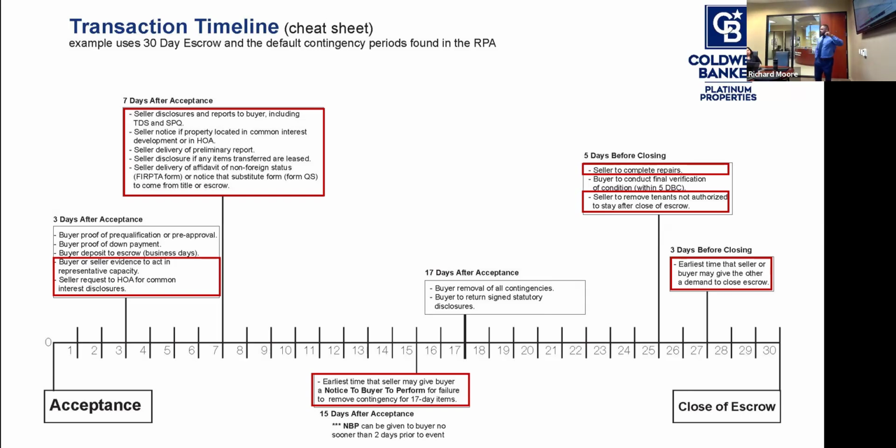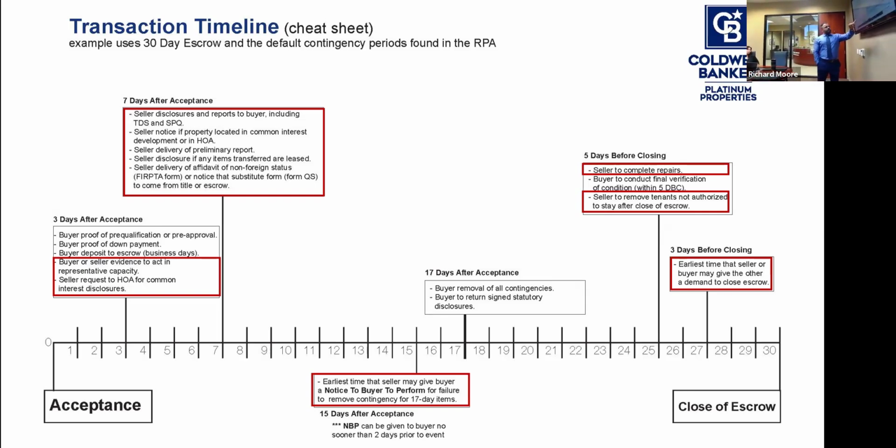When they give you the request for repairs, they're also going to ask the seller to do the termite work. The seller usually says, fine, I'll do it. Then, as time goes by, when you get to the 17th day, the buyer would have to remove their contingencies, if everything was left as default on the contract.